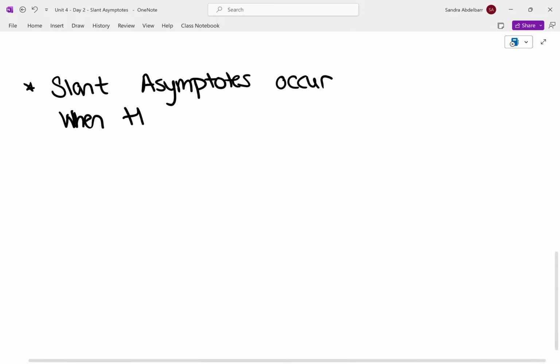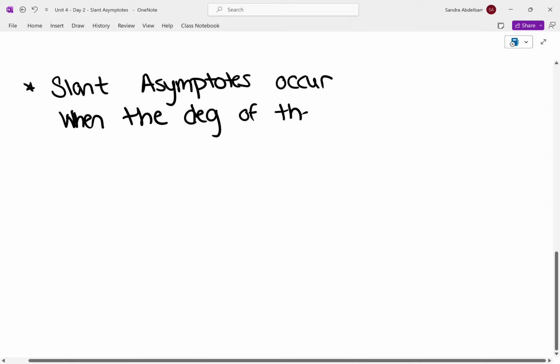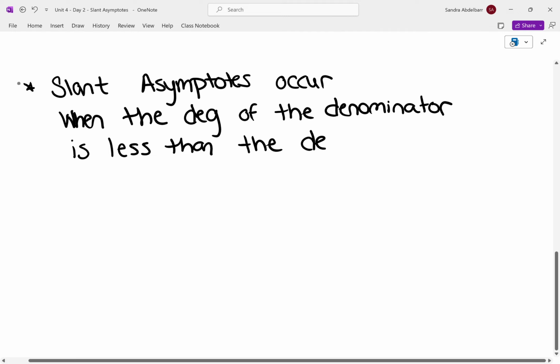Okay, slant asymptotes occur when the degree of the denominator is less than the degree of the numerator.